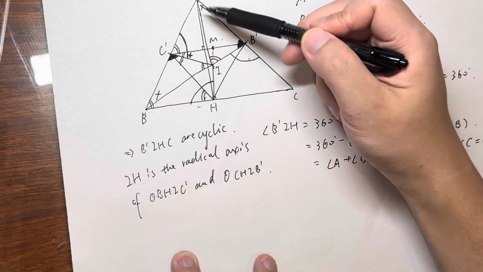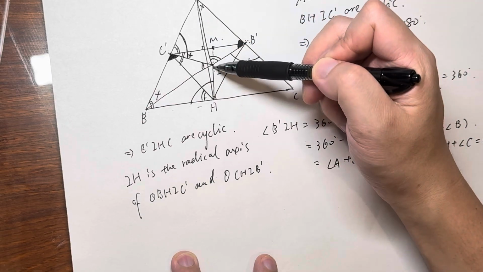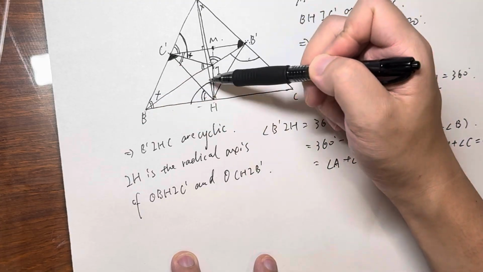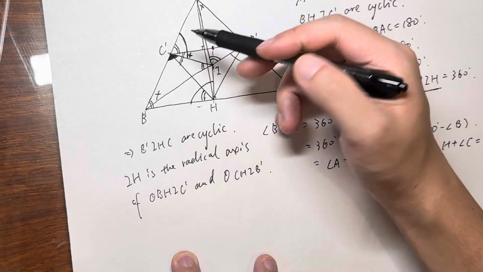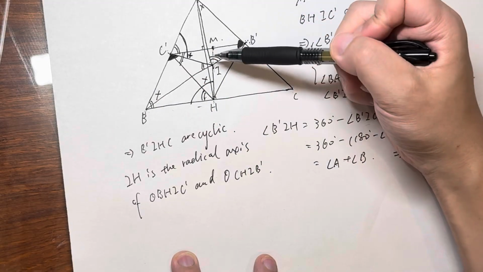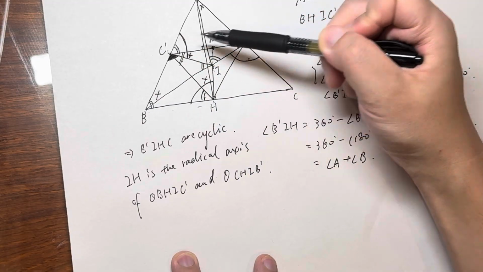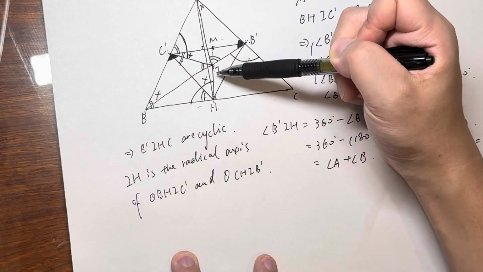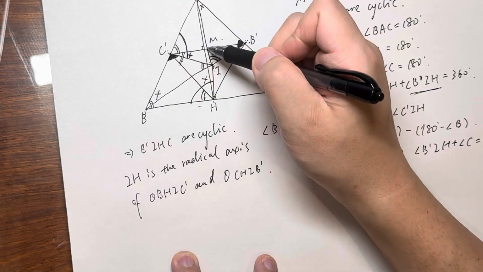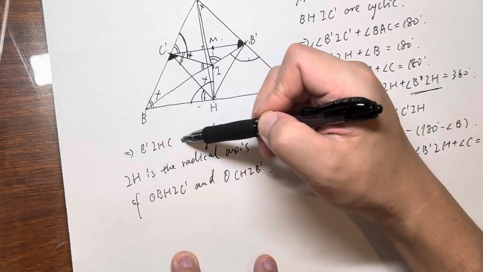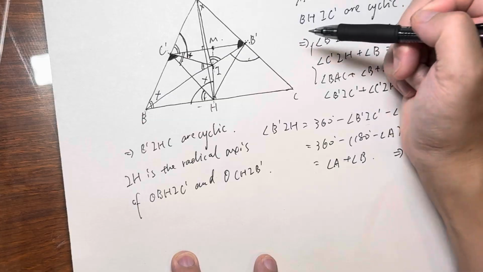Right, the angle IAB' equals to angle IBC'. And because angle IBC' equals to angle IHC', so we know that angle IC'B' equals to angle C'HI, which means MC' is a tangent line of the circle IHBC'.